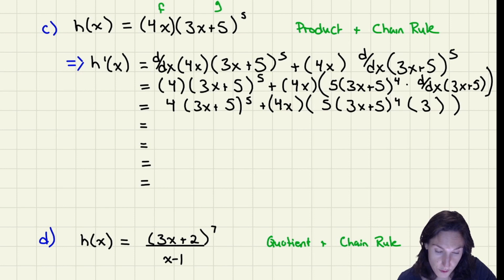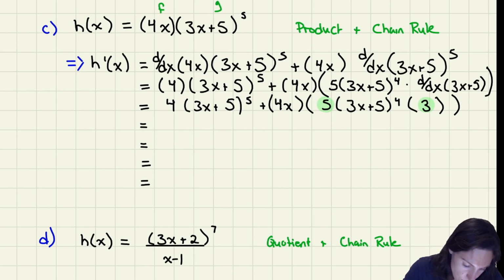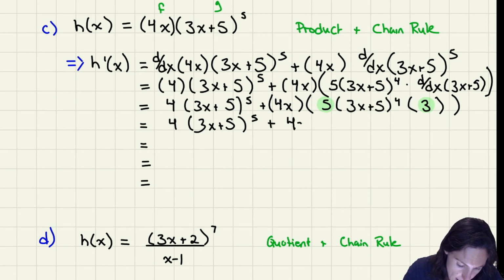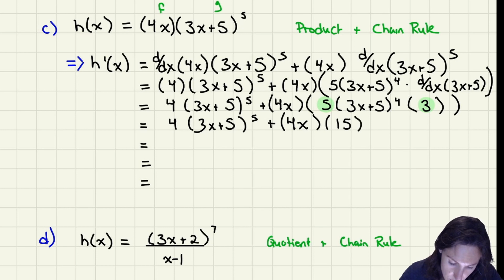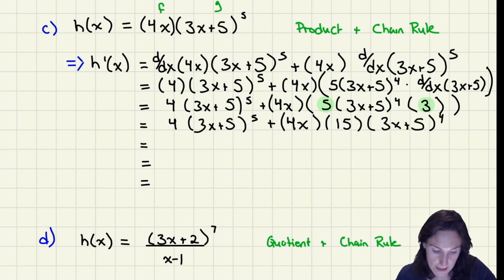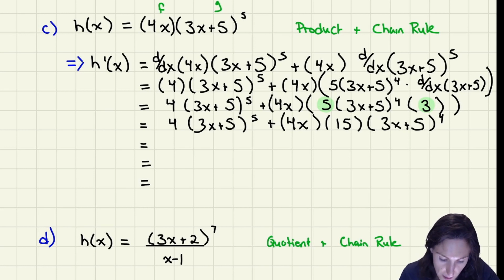So what we can do is multiply this and this together to give us 15. Okay, so we're going to have (3x plus 5) to the 5 plus 4x times 15 times (3x plus 5) all to the 4. And now we can simplify it more by multiplying this term and this term.